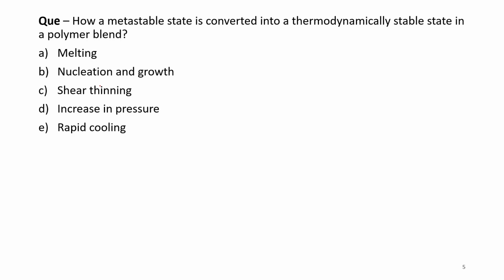A polymer blend which is in a metastable state, as we have already discussed, is not in a thermodynamically equilibrium state, so the system will try to move or convert to a more stable, thermodynamically stable state. So which process leads to its transition?